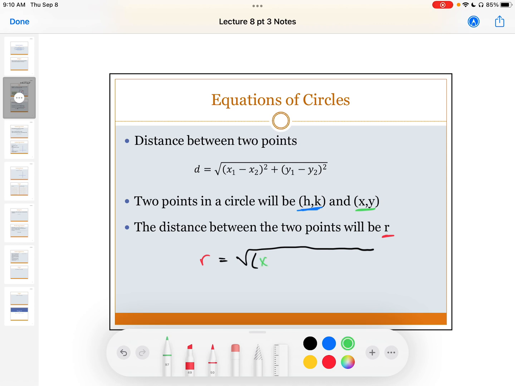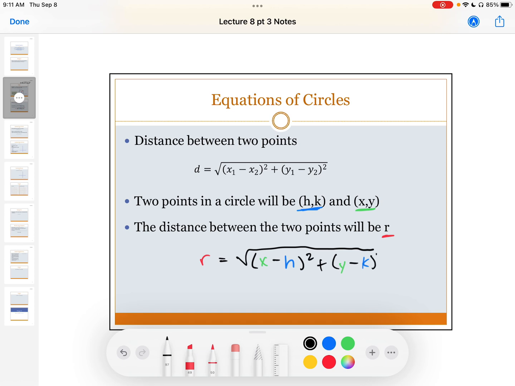So our x sub 1 is just going to be our x minus our x sub 2 is h. Close that off, square it, plus parentheses. Now we have our y sub 1, which is just y, minus our y sub 2, which would be our k, squared.